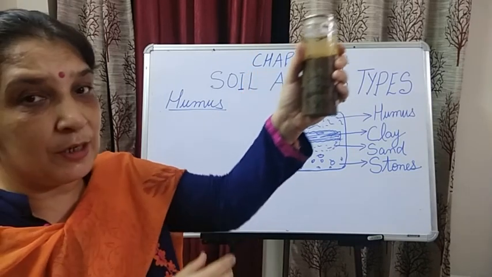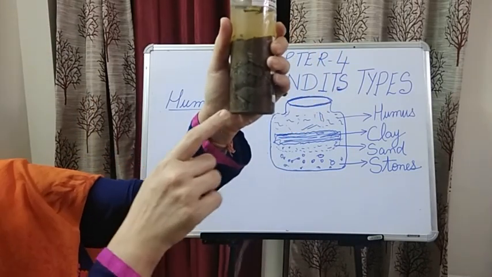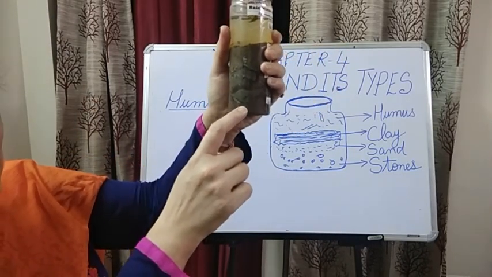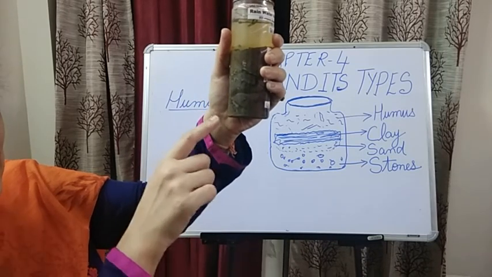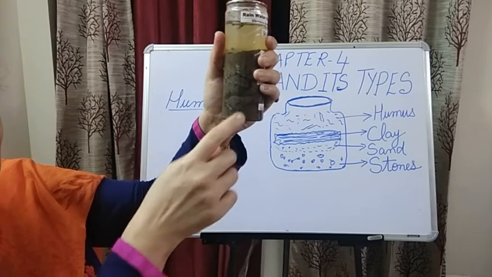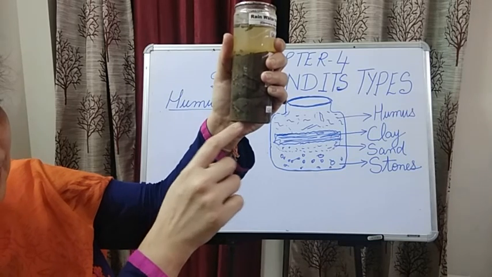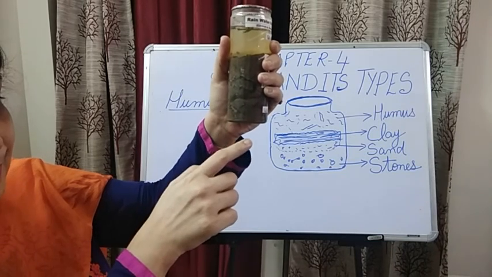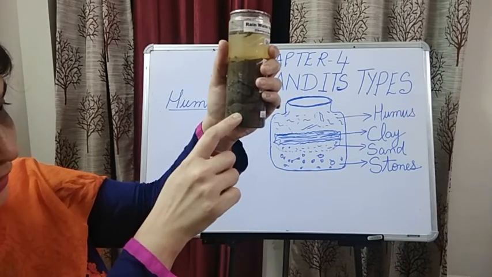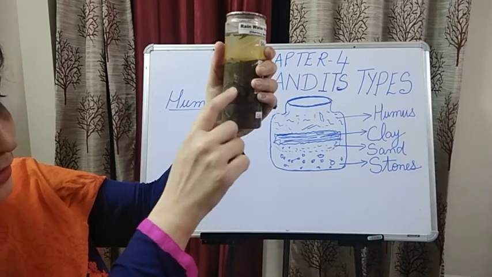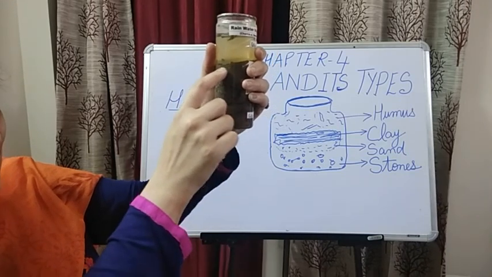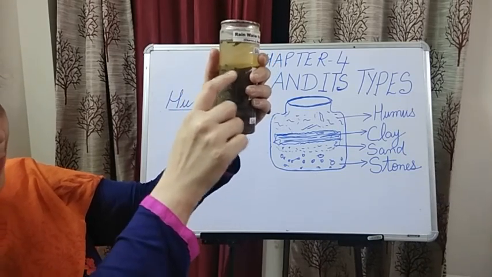I hope you are able to see. These are the stones. This is the garden, my garden soil. So these pebbles settle down. And then what is the layer after that? There is a layer of sand, and then above that there is a layer of clay.